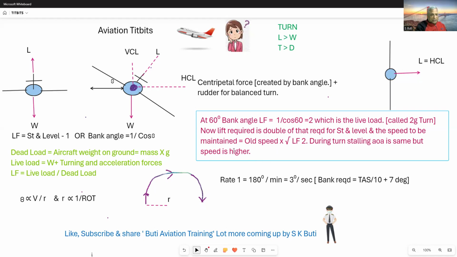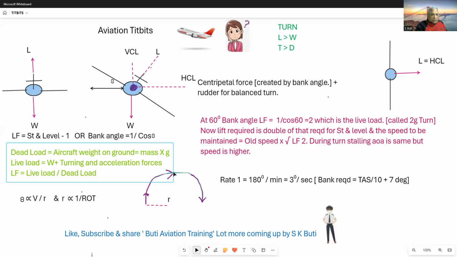Next. Now, during a turn, this is an aircraft and he has gradually turned by 180 degrees to the right. And for a turn, the aeroplane needs a radius of turn. And higher the speed, more is the radius of turn required. This is not a cycle which can turn on the spot, right?